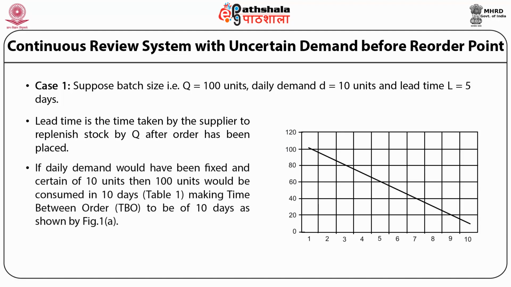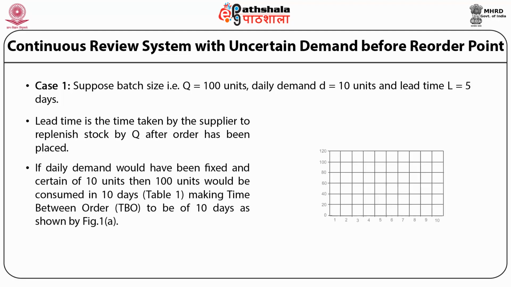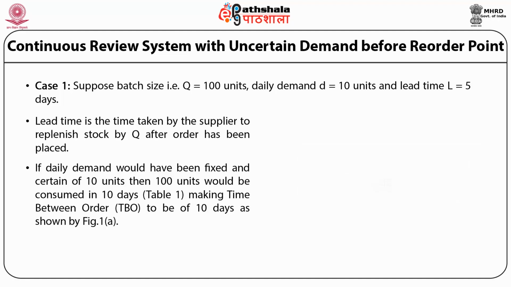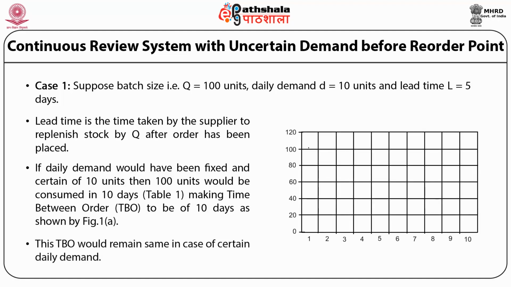If daily demand were fixed at a certain 10 units, then 100 units would be consumed in 10 days, making the time between orders, TBO, 10 days as shown in the figure. This TBO would remain the same in case of certain daily demand.